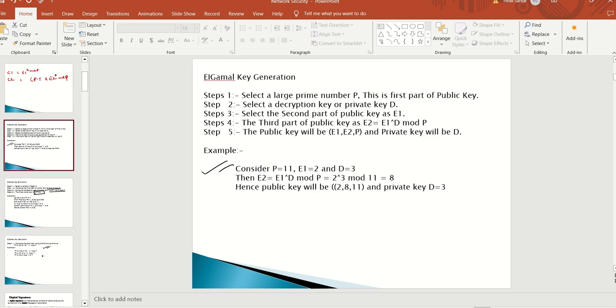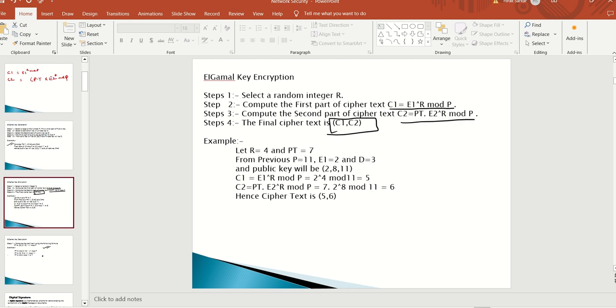Encryption: C1 is equal to E1 to the power R mod P, and C2 is equal to PT into E2 to the power R mod P. We are doing it correctly.